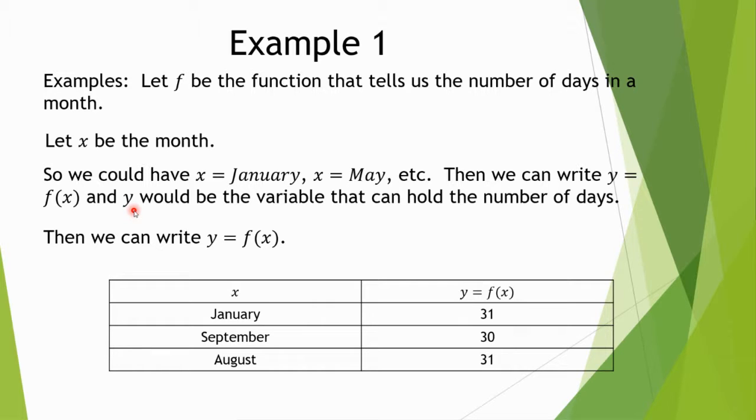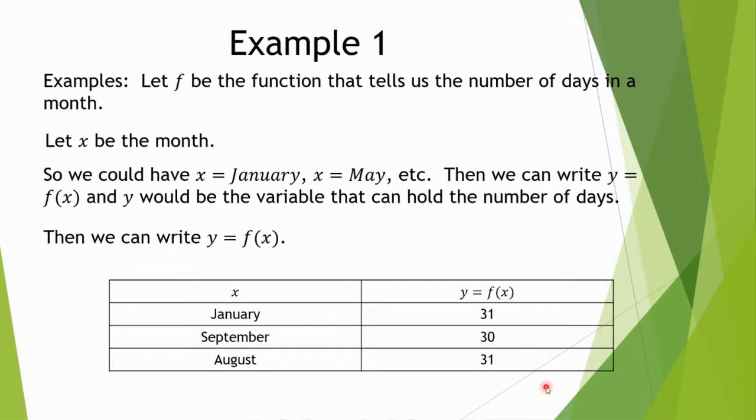The output's got to be held somewhere. That's what the variable is used for. x is the variable holding the month. Mathematicians like to use notation. I know notation can be cumbersome sometimes, but it is useful. y holds how many days we have in the month.